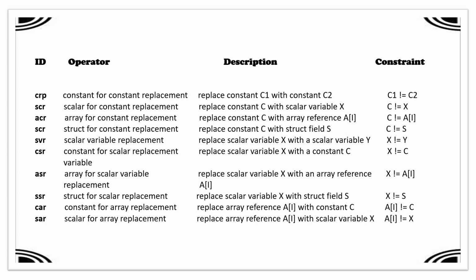ACR, array for constant replacement, which is replace constant C with array reference A of I. SCR, construct for constant replacement. SVR, scalar variable replacement, which describes replace scalar variable x with a scalar variable y.